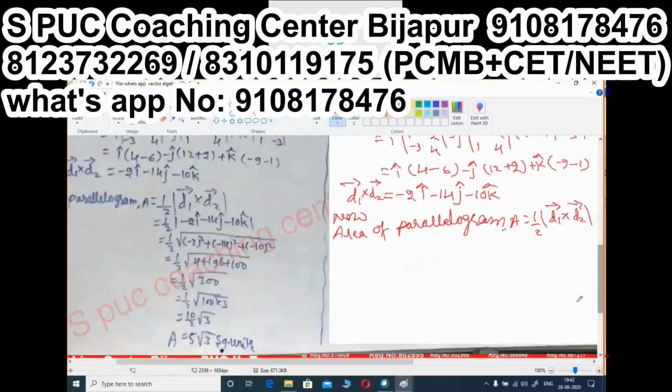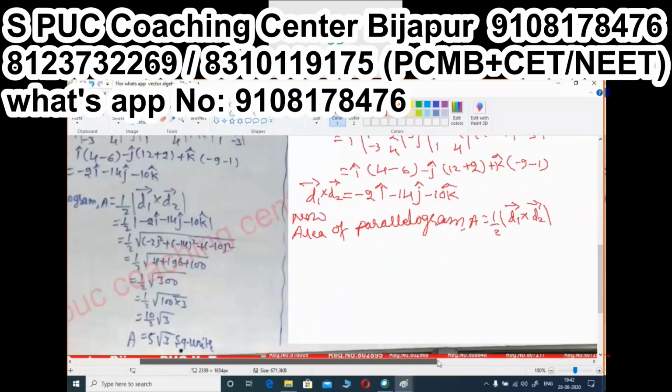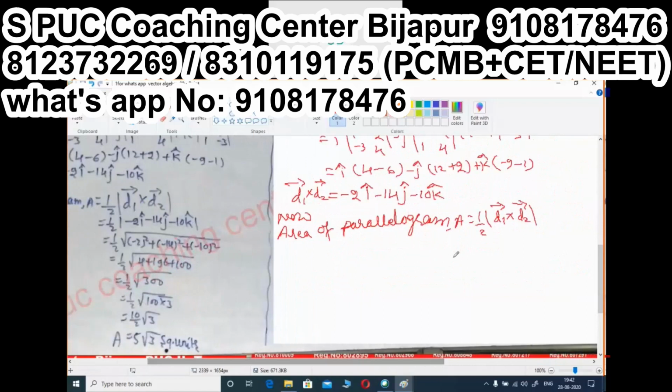Okay, simplify that, tell me what you are going to get. Here 1 by 2 you write as it is, no problem at all. Next, whatever d1 vector cross d2 vector you obtained, minus 2 i cap, minus 14 j cap, minus 10 k cap. So find out the mod of that please.